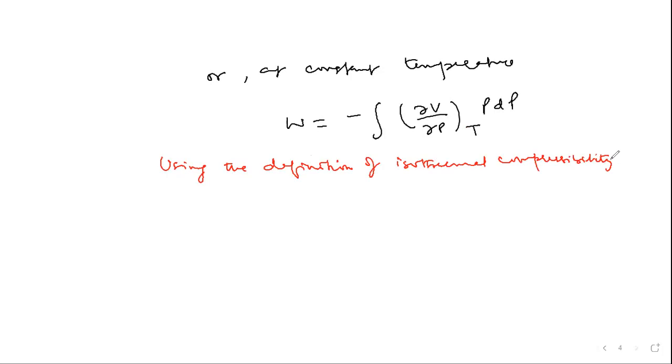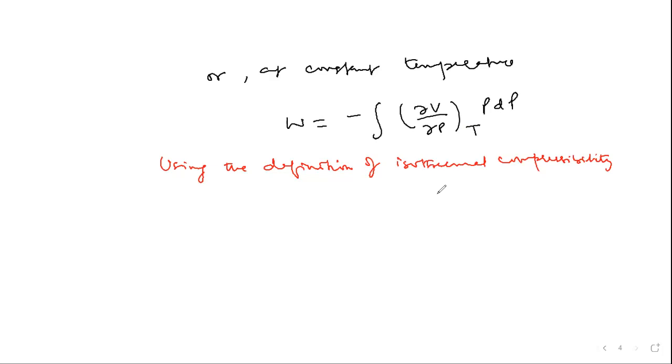Compressibility is simply the reciprocal of bulk modulus. Bulk modulus is the ratio of change in pressure to fractional change in volume. Compressibility is the reciprocal of that, and isothermal compressibility is the compressibility during which temperature is assumed to be constant, right?